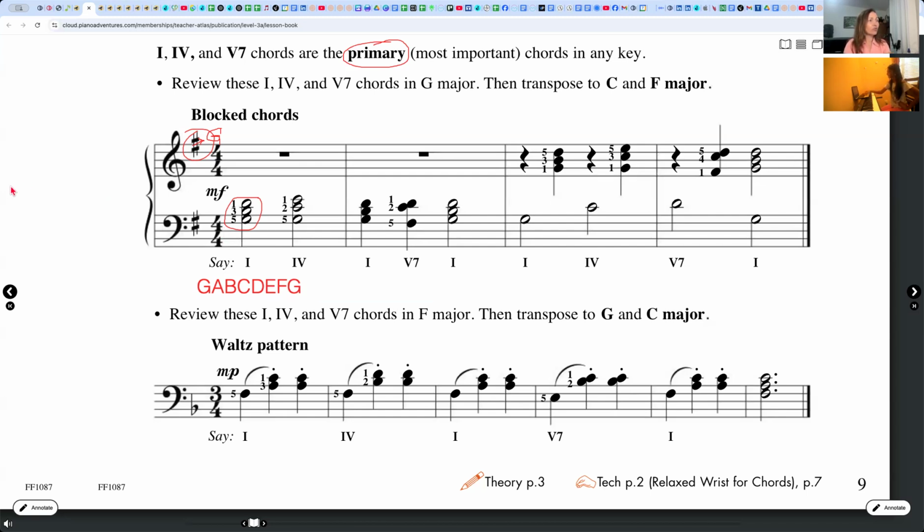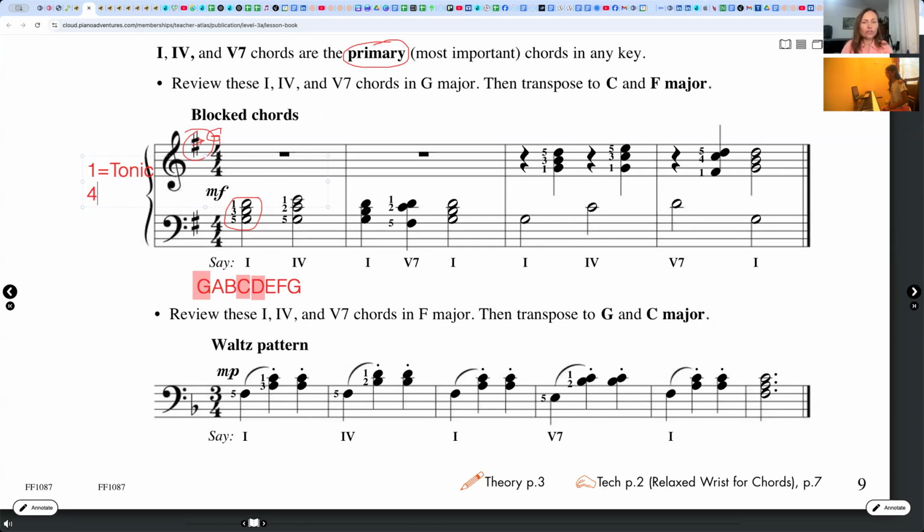So our primary chords are built on what notes? On what steps of the scale? The first one, the 4th one, and the 5th one, right? So the first we call tonic, right? The first is tonic.